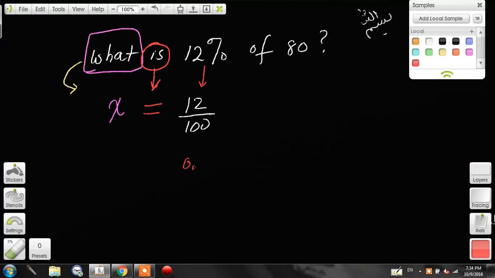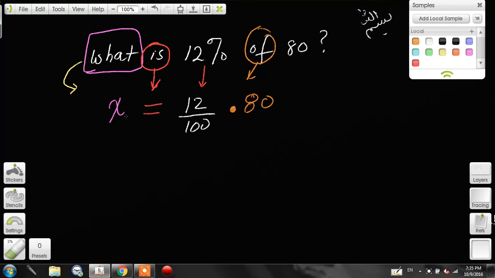And the word of translates as multiplication. Whenever you hear the word of spoken, that translates into a multiplication sign. So the word is is an equal sign, the word of is a multiplication sign, and 80. So this becomes like this.